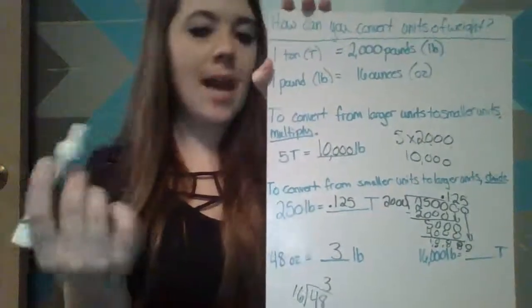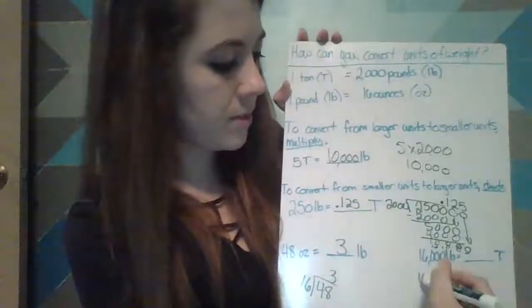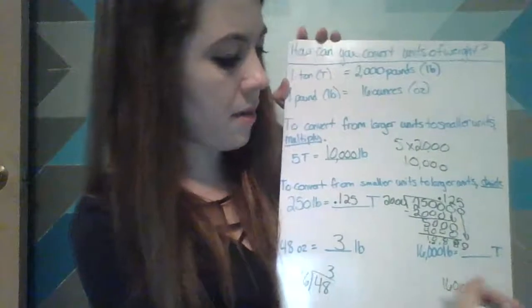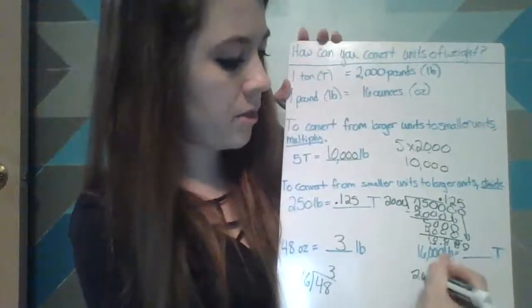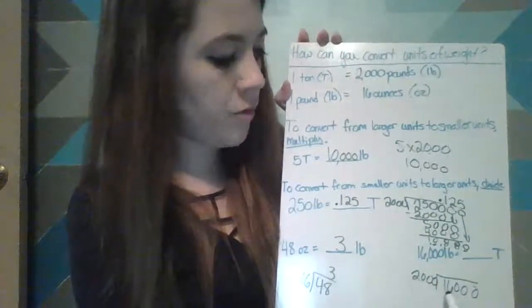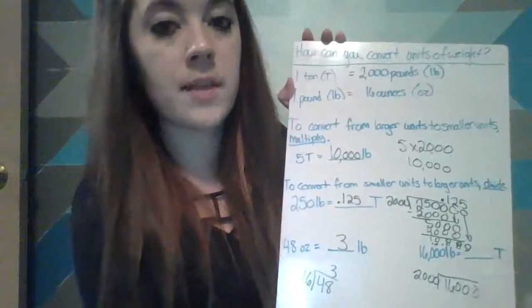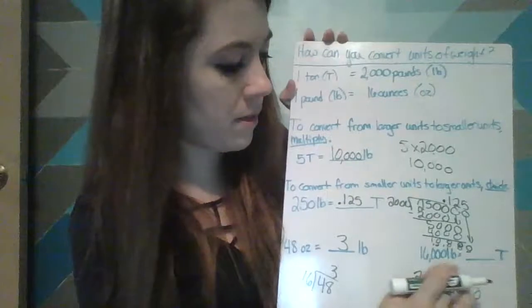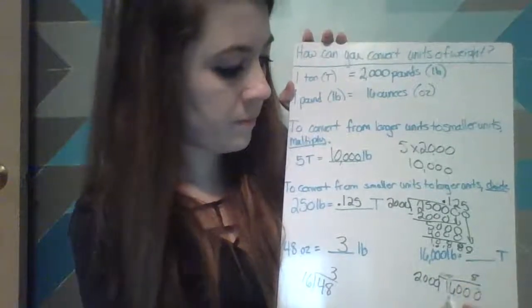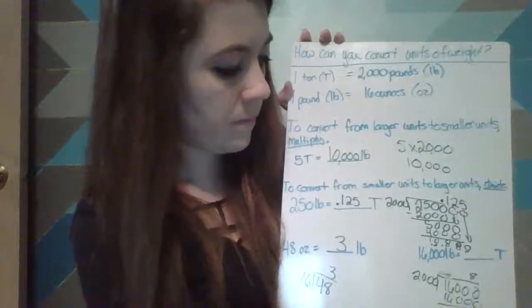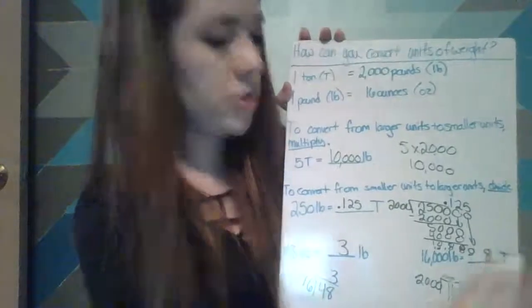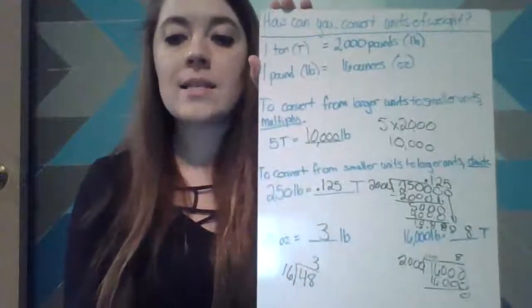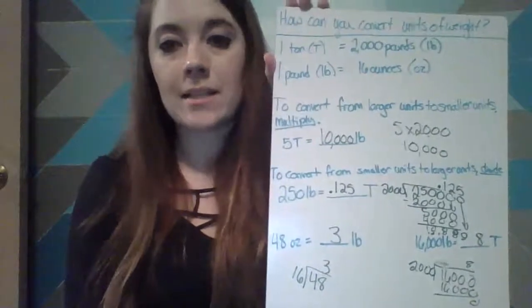So we're going to take and divide once again. 16,000 divided by 2,000. 2,000 can go into 16,000 how many times? 8 times. Which works out perfectly. So it is 8 tons. So 16,000 pounds is the same thing as 8 tons.